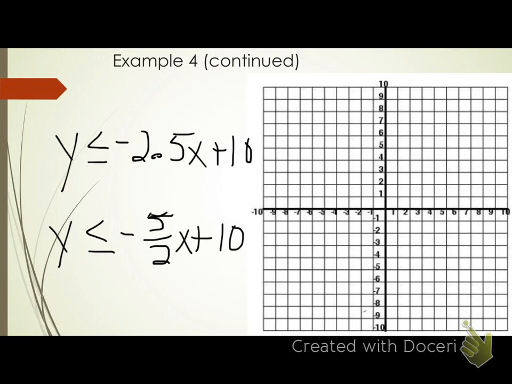Everyone agree with that? So what's my y-intercept? 10. Put a point at 10 on my y-axis. We said our slope was negative 5 over 2. So what two directions am I going? Down 5, left 2. 1, 2, 3, 4, 5, 1, 2.